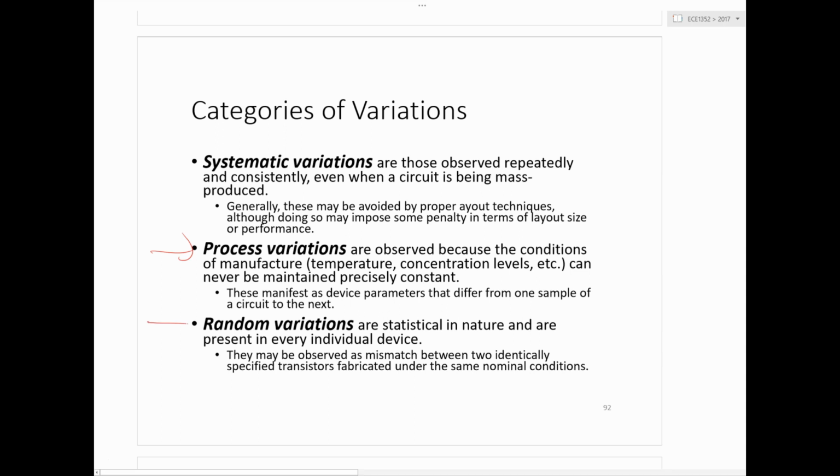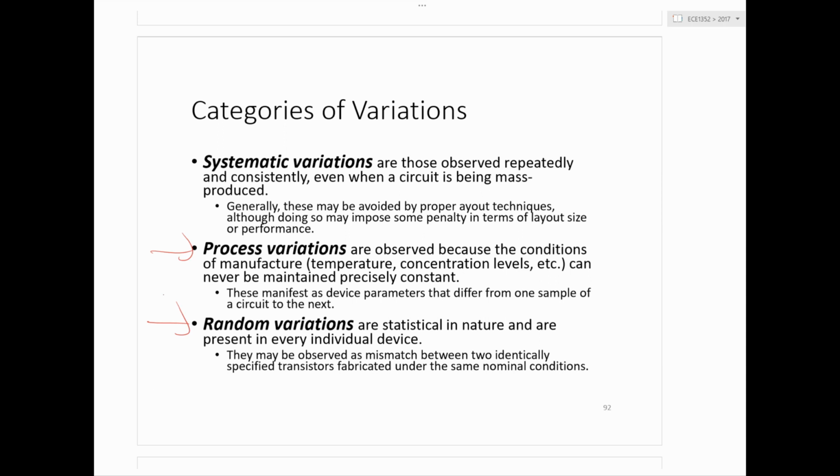And then finally, there's random variations. Random variations are the ones that are often referred to colloquially as mismatch. The idea here is that on any given chip, obviously all the transistors and all the resistors were manufactured at the exact same time, so there's no process variability from one to the other, right?